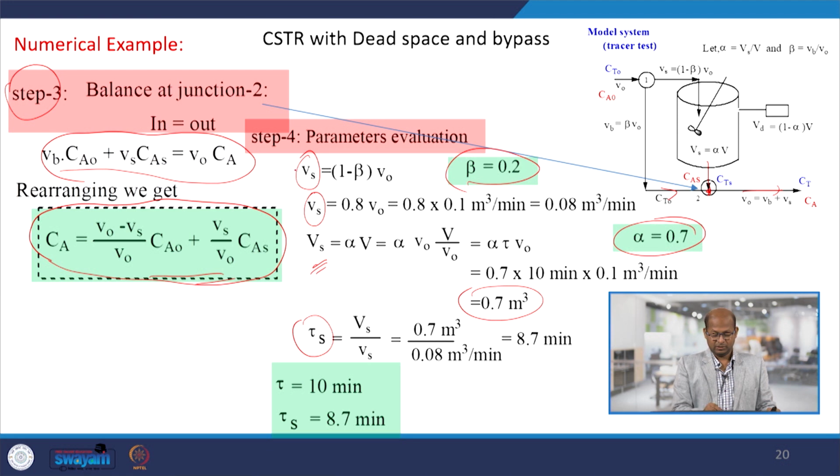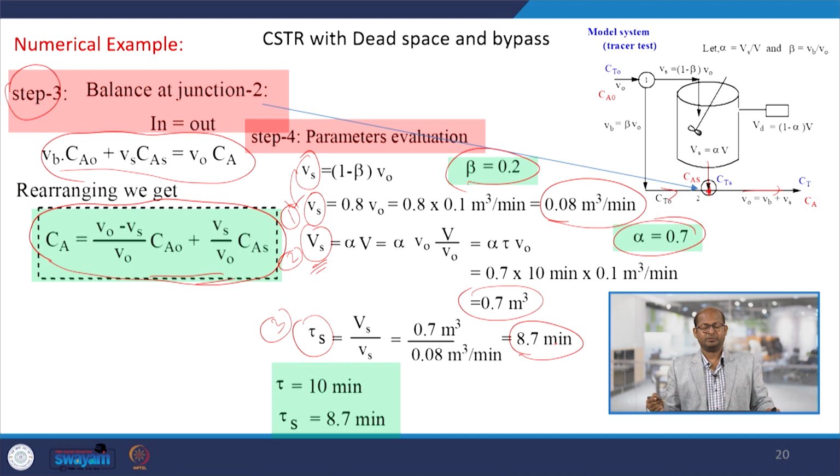So, if we know small Vs and capital V, then we can find tau s. Here, alpha and beta from the tracer test we found, and we are using them here, and V naught is known: V naught equals 0.1 meter cube per minute is given, and capital V is given, so V by V naught.